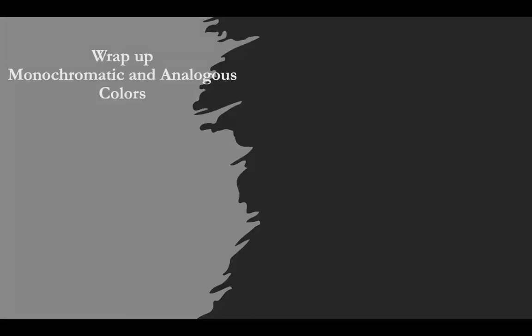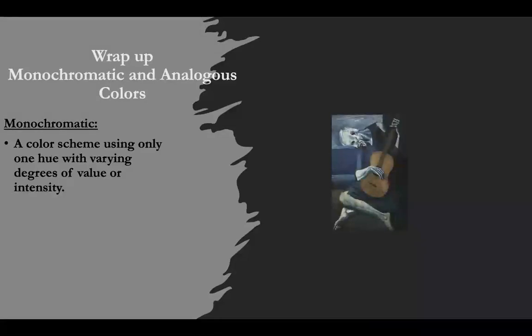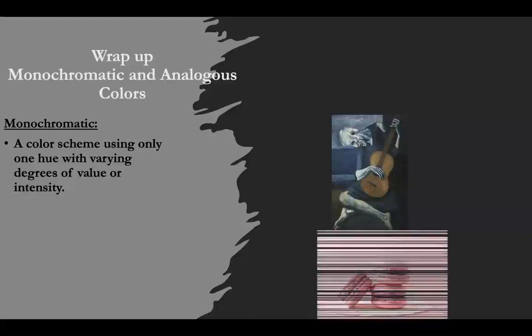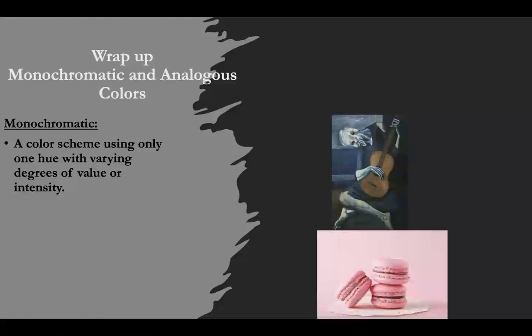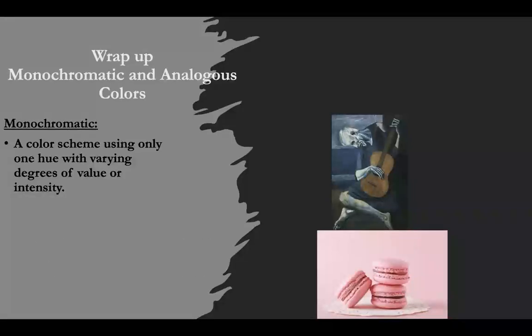For example, some famous paintings would be the Blue Period here, made by Pablo Picasso, and we can see a lot of dark blues and light blues in his face, and one side of the painting is much darker compared to the other side.